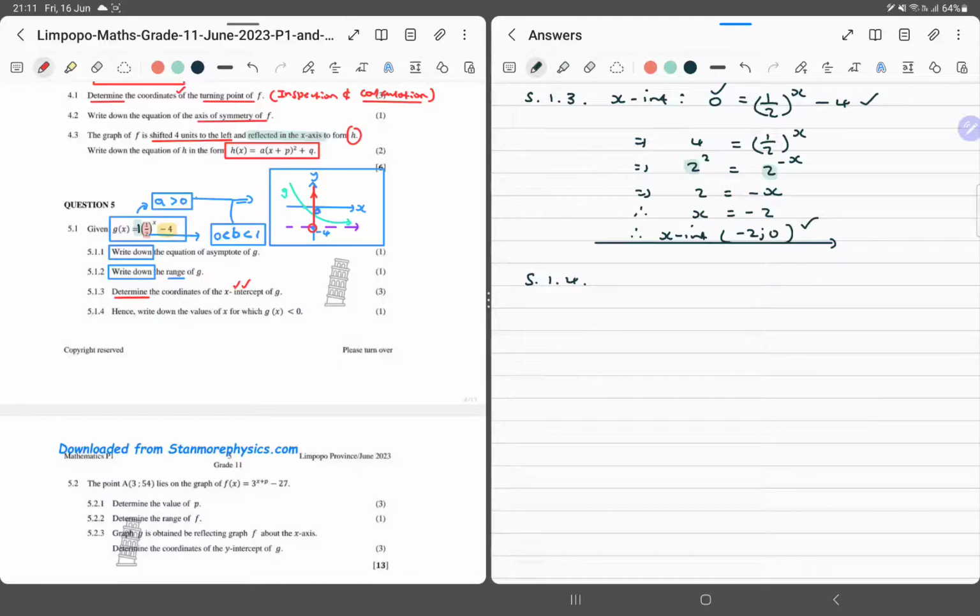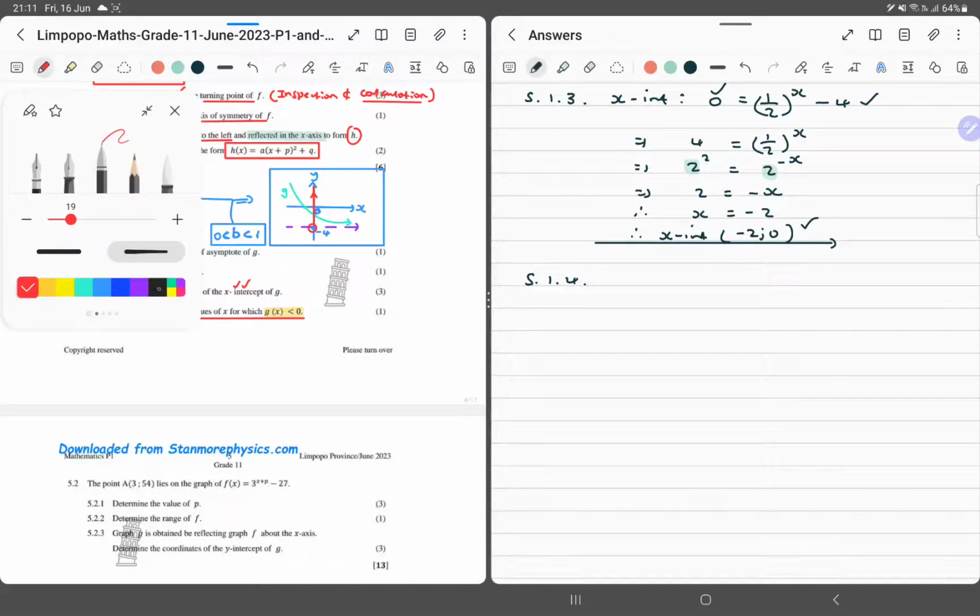So now let's do 5.1.4. It says hence, that means we have to use what we just did. Write down the values of x for which g of x is less than 0. Now you can already see, if you drew a sketch, for this graph to be less than 0, it has to be running along here.